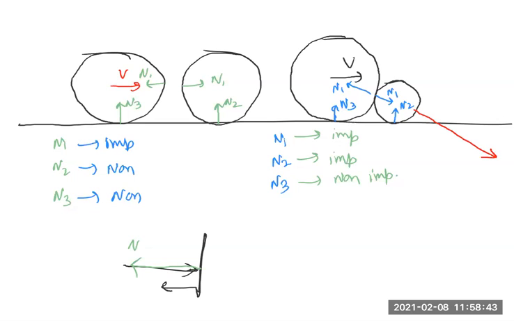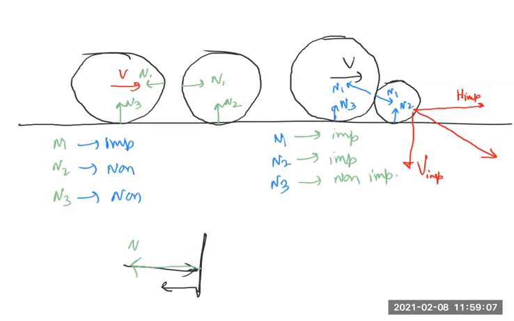So we say that look, at the end of the day, the impulsive force is a vector quantity. Okay, and this vector quantity can always be expressed as components. We say that, look, this is the horizontal impulsive force, this is the vertical impulsive force.